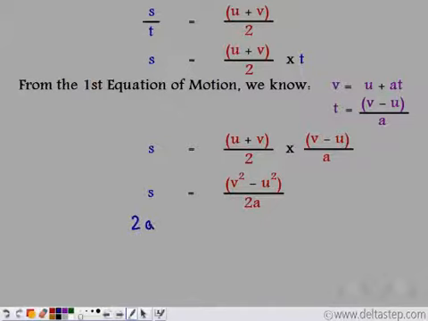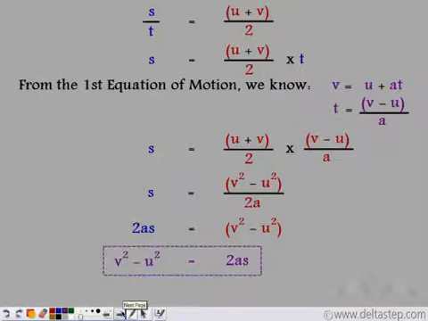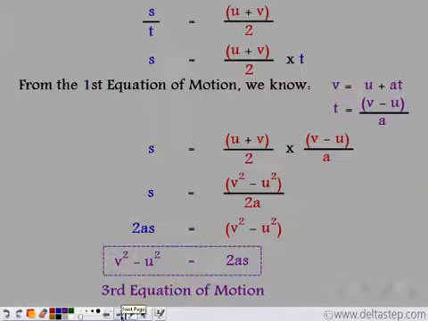Multiplying by 2a, we get 2as is equal to v square minus u square, and we can write it as v square minus u square is equal to 2as. This is our third equation of motion.